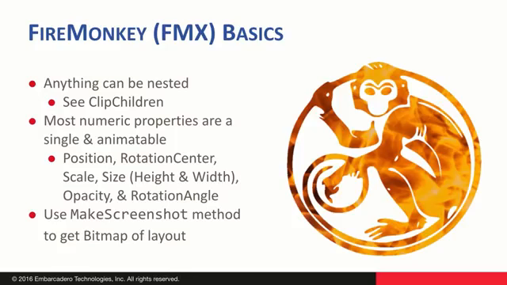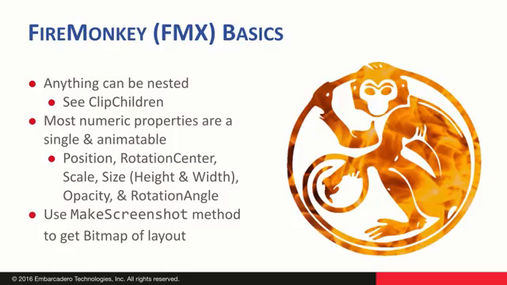Very, very flexible. There's a property called clip children. So let's say, for example, if you put an edit box down and you put a label in the edit box, if you move the label outside the area of the edit box and clip children is set to false, then you can still see the label. But if you turn clip children on to true, then that label will disappear if it's outside the client area of the edit box.